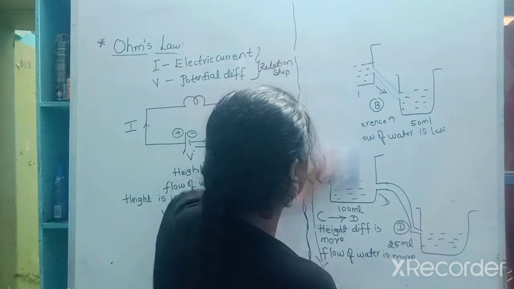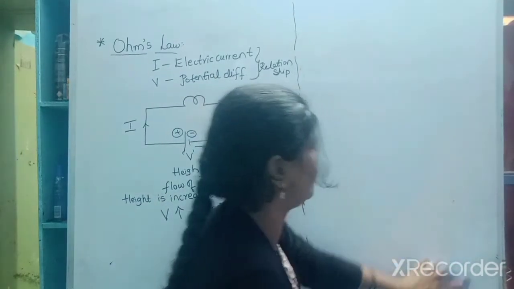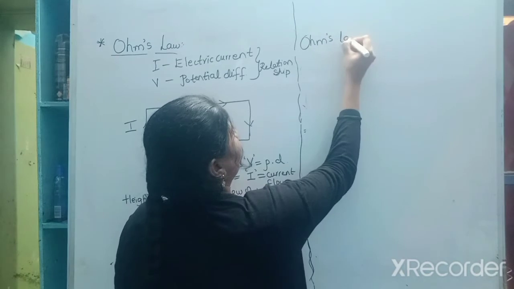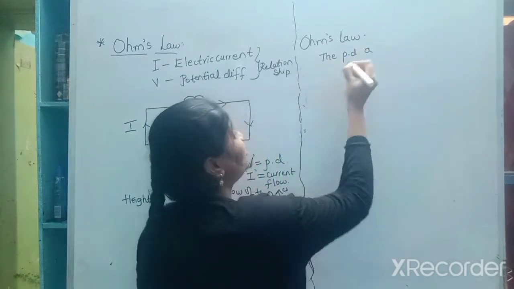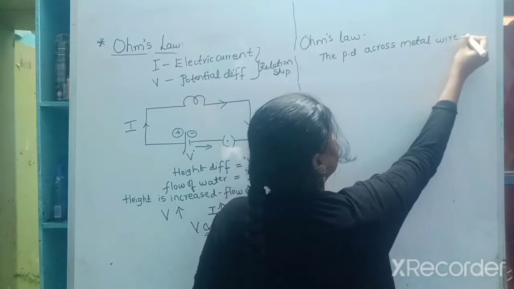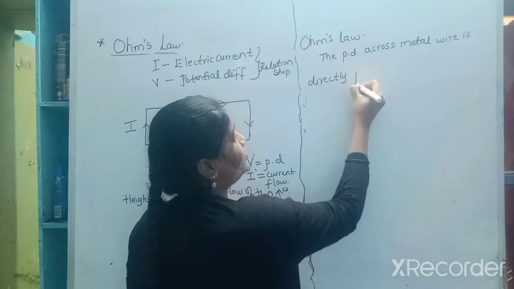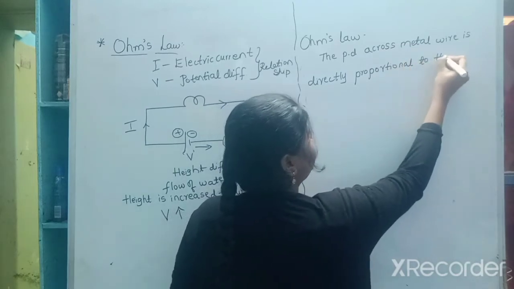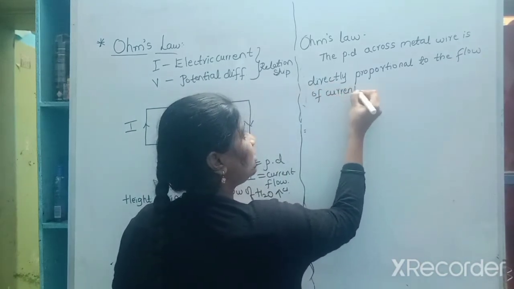So let me rub this analogy. Ohm's law states that the potential difference across a metal wire is directly proportional to the flow of current until what?